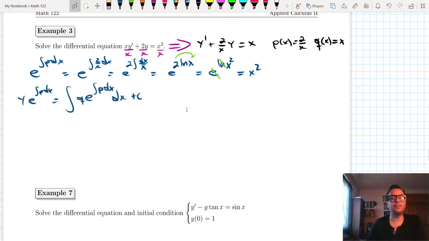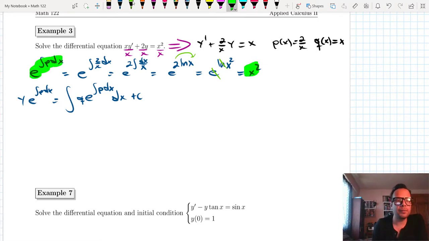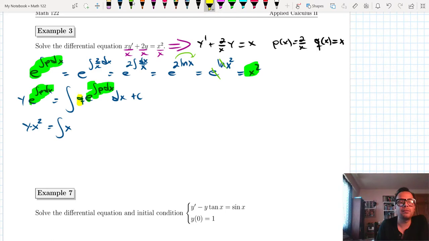Let's write down the formula to see what we are going to do now. This quantity that we got here was no other than e to the integral of p dx, which I'm going to replace in the next step. So y times x squared equals the integral of q, which is x. Let me highlight to show you where it is coming from.